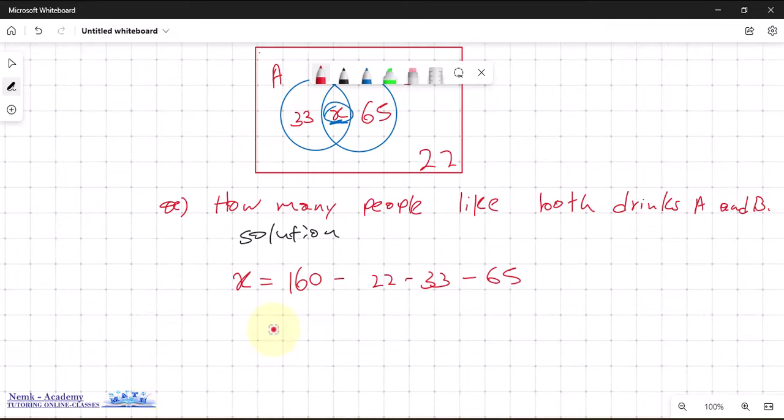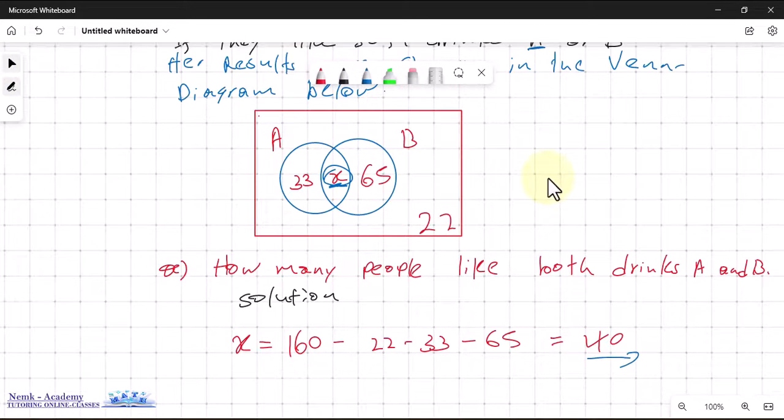So what is the answer? How many like both? 40.